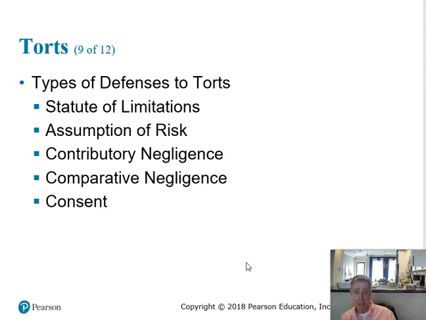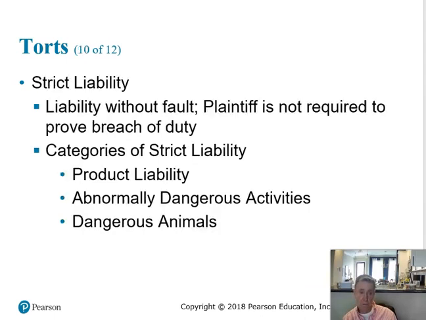And consent is, I might have hit them, but they told me that it was okay to hit them, like in a boxing match. Strict liability is liability without fault. Plaintiff is not required to prove that there was a breach of duty, just that there was an injury.